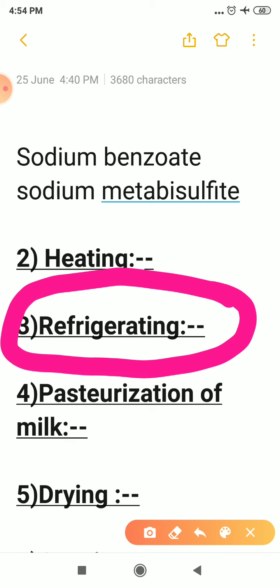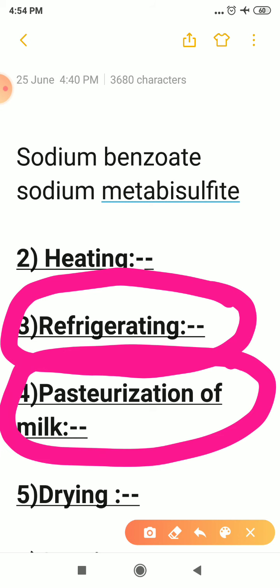Pasteurization of milk is another technique to keep milk for a longer duration. In pasteurization of milk, what is done? The milk is heated above 70 degrees for 15 to 30 seconds and then suddenly it is chilled and stored.